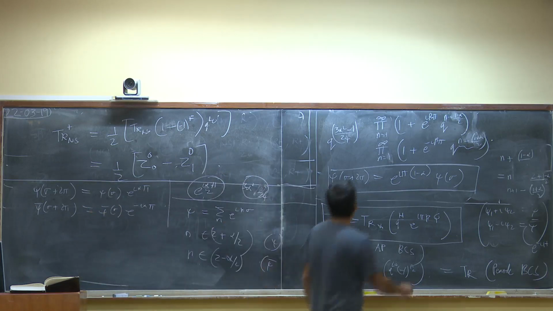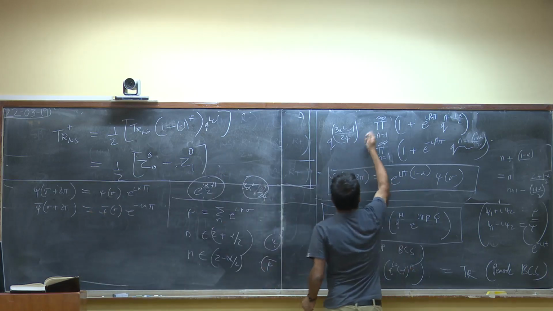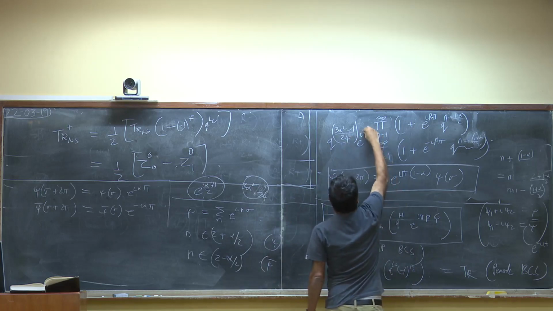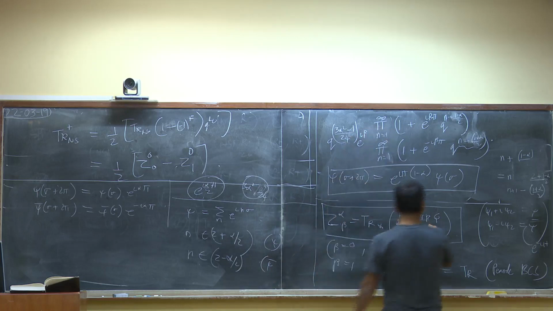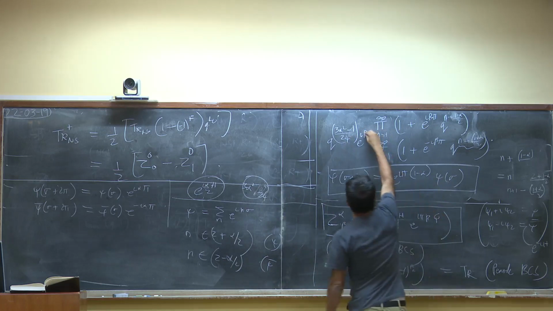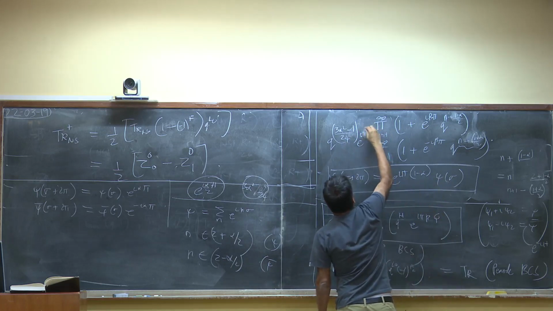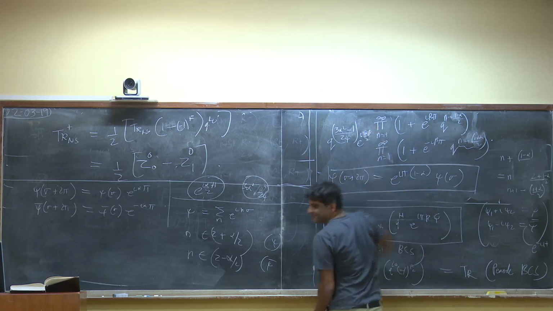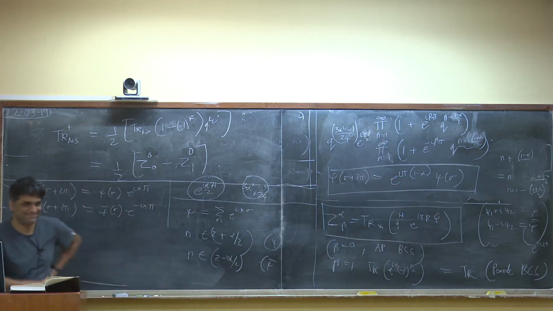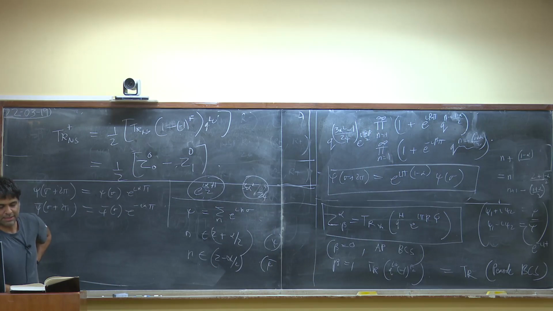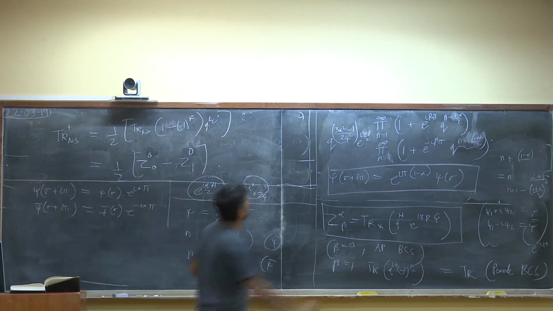And therefore, we also have e to the power i pi alpha beta by 2, because beta was in this trace. E to the power i pi alpha beta by 2, and now we're in perfect agreement with Wilczynski.